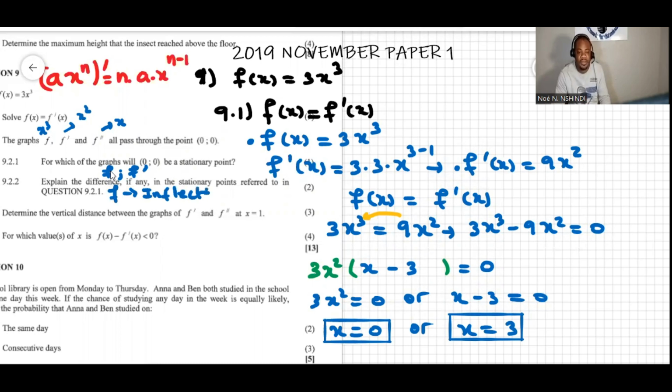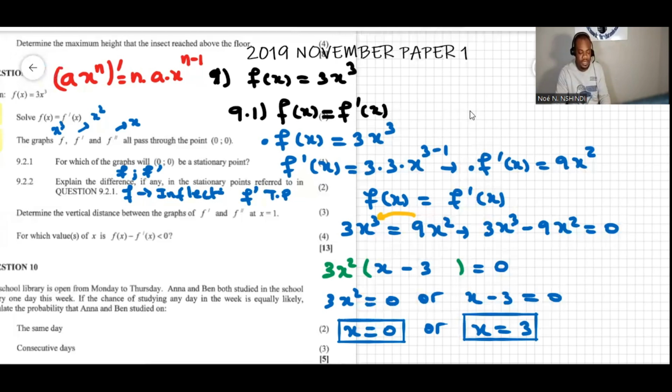For the cubic function f, it is a point of inflection, but for f prime, this will be the turning point, the TP. So stationary points, I said, are turning points, but they can also be points of inflection.